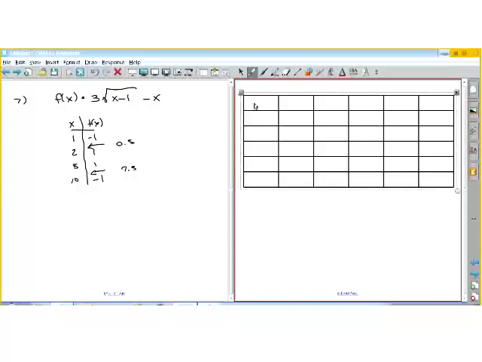So this is n, this is x sub n, this is f of x sub n, this is f prime of x sub n, this is the ratio of those two. And then this is the x sub n minus the ratio.